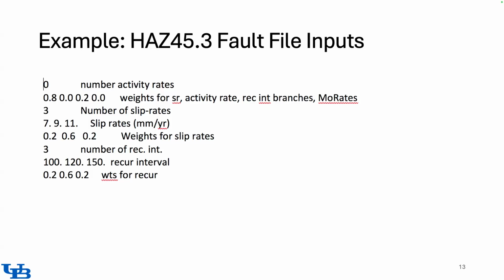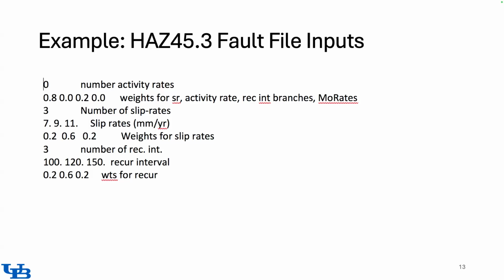And this is how you assign the weights for each way you are going to define the activity rate. So you say I assign in this case 80% to defining the activity rate through a slip rate, and 20% defining the activity rate by directly knowing the recurrence interval through a paleoseismic study.